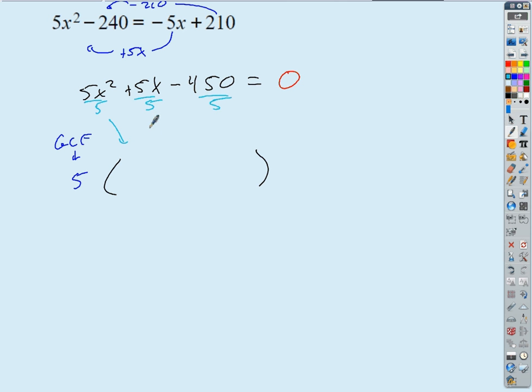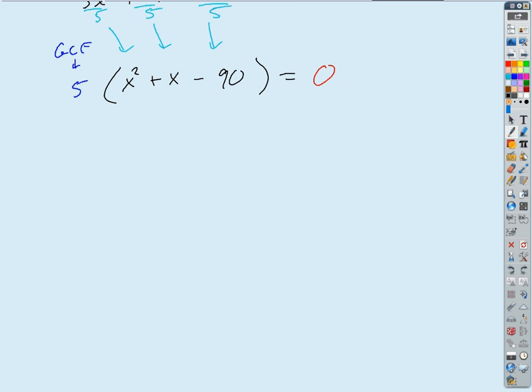Good. We're going to get x squared plus x minus 450 divided by 5. Well, 90, there you go. And that whole thing is equal to 0, right?